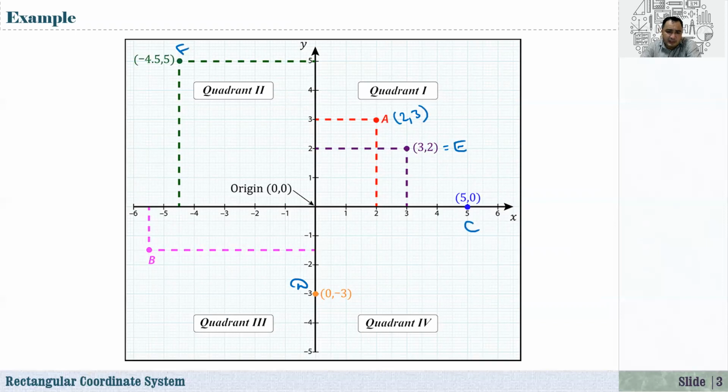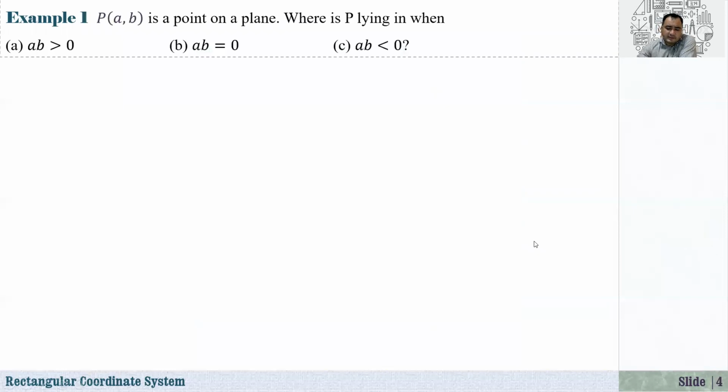Point B is in the third quadrant, so its x coordinate and y coordinate are both negative numbers. And how about D? Its x coordinate is 0, that's why it's on the y-axis. And point C is on the x-axis because its y coordinate is 0.